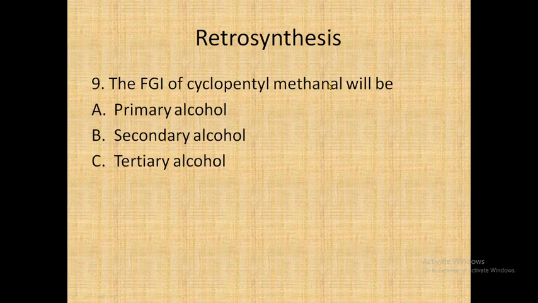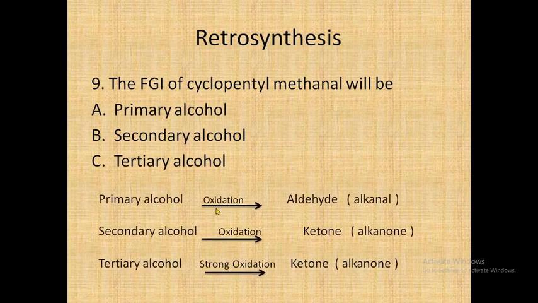At the end the suffix is al, that means it is an aldehyde, and the options are given as alcohols. Alcohols on oxidation will give you the carbonyl compound, that is aldehyde or ketones. So if you are considering the oxidations of different alcohols, primary alcohol on oxidation gives aldehyde, that is alkanal.